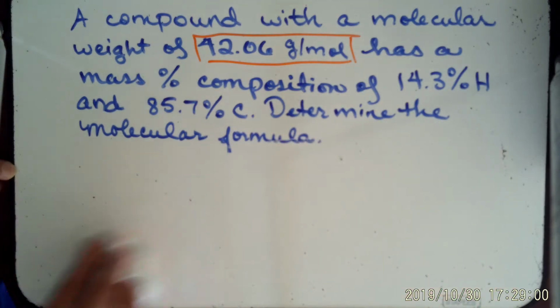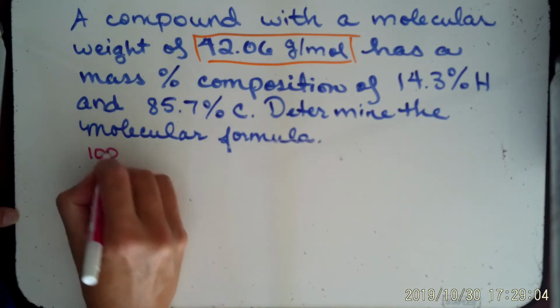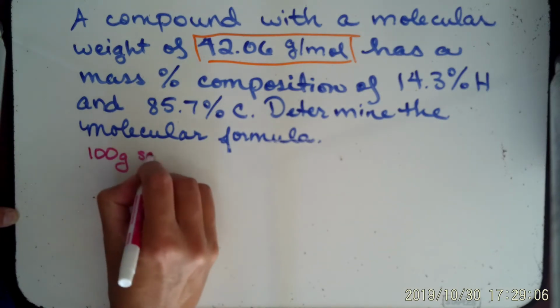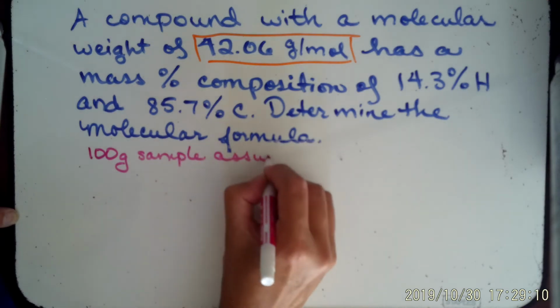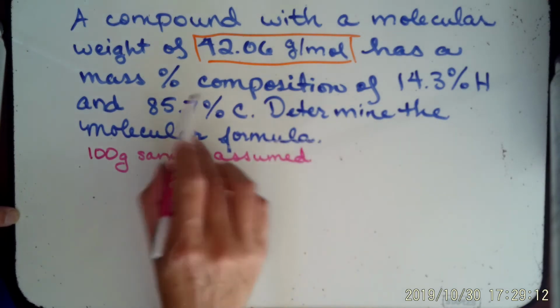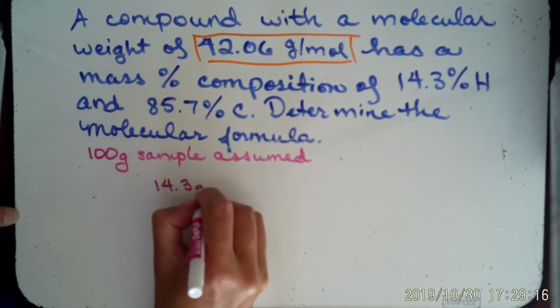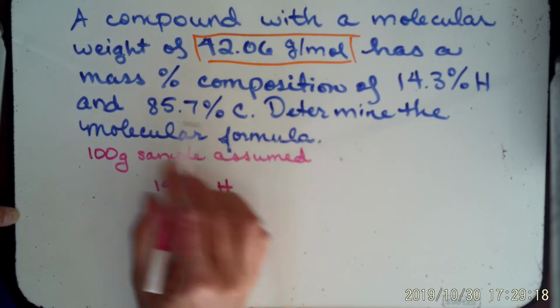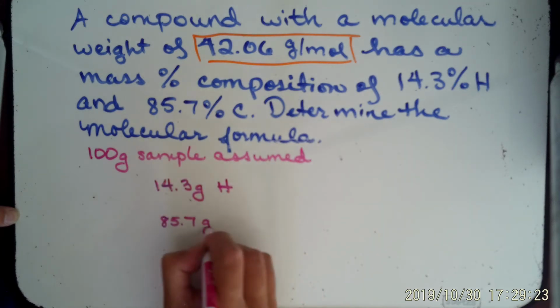So step 1 is we're going to assume a 100-gram sample, and if we do that, then all our percent compositions become mass. So we have 14.3 grams hydrogen and 85.7 grams carbon.